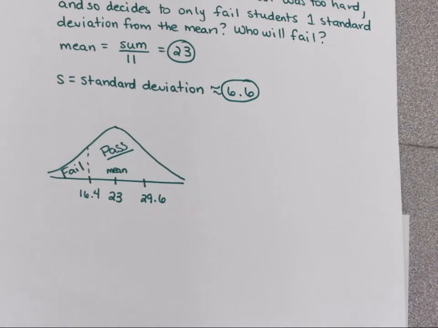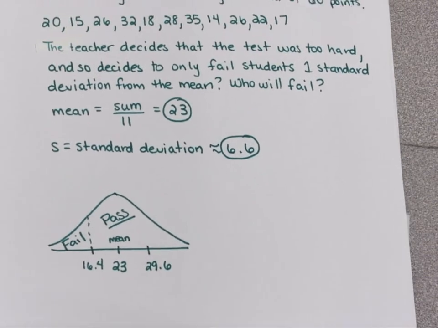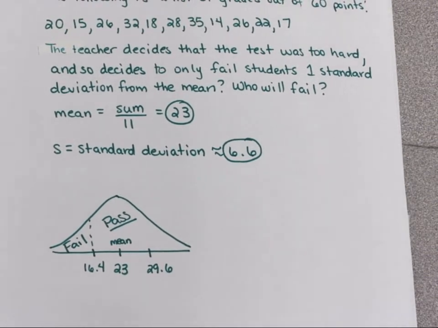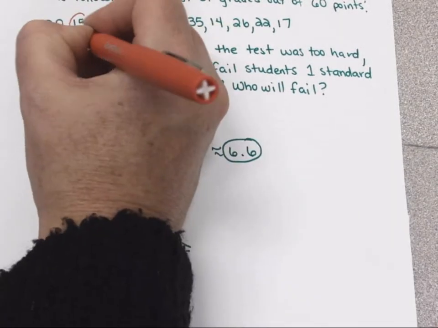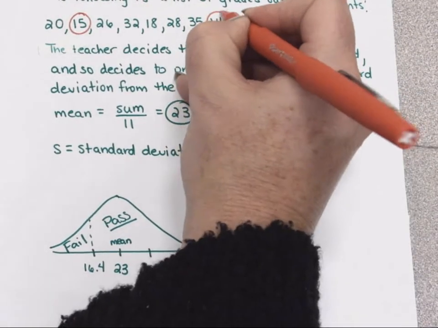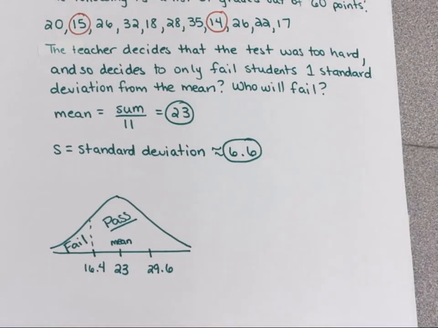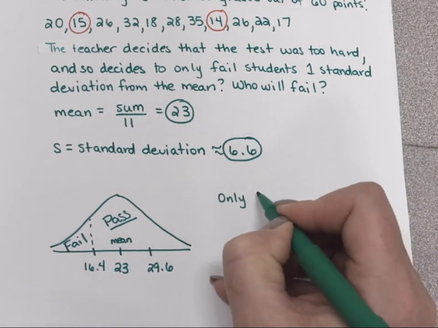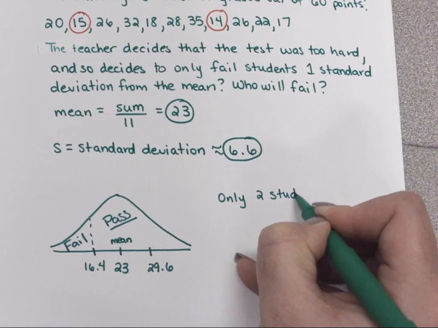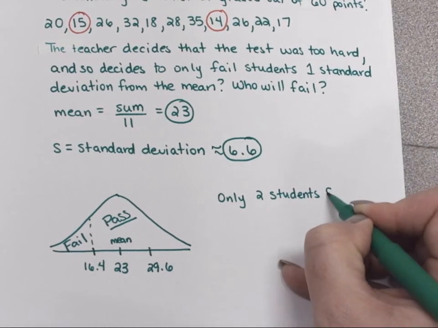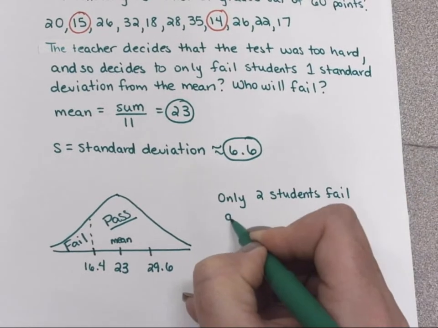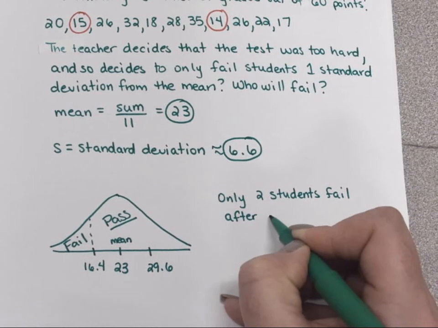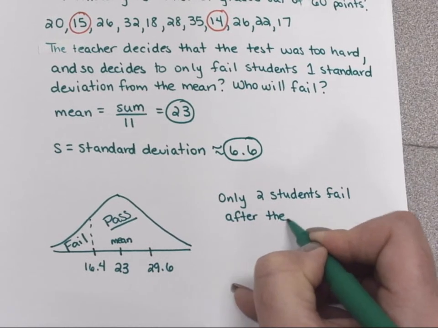Which scores are below the 16.4 level of passing that the teacher came up with? 15 is a failure, and the 14 is a failure, right? So basically, only 2 students will fail after this bell curve. So only 2 students fail after the curve.